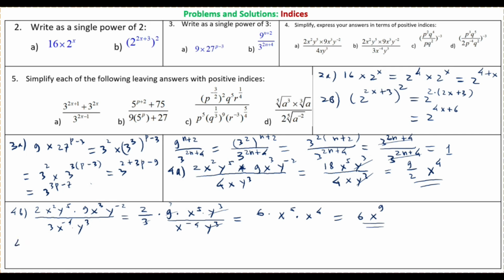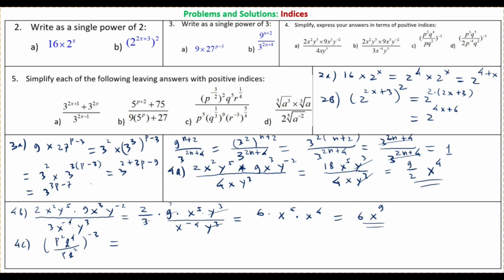Number 4c, p squared times q to the power of 4 divided by pq squared, to the power of minus 3. So we have here division, and then we have to the power of minus 3. So we can work out this one first to make it easier.